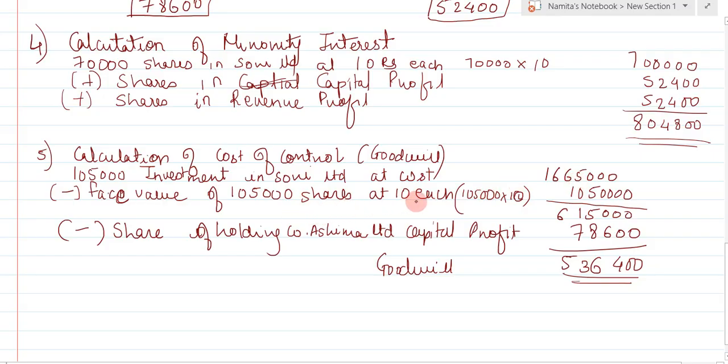Each share is 10 rupees, so we get 10,50,000. Then 6,15,000 is remaining, and from this amount reduce the holding company's share in capital profit. How much is the share of capital profit of the holding company? That is 78,600. So the remaining balance we get, consider it as goodwill.